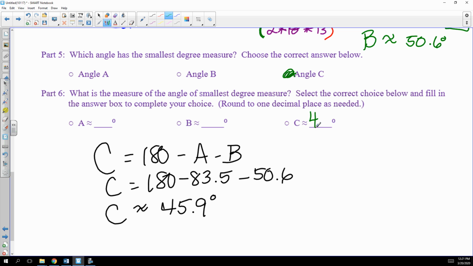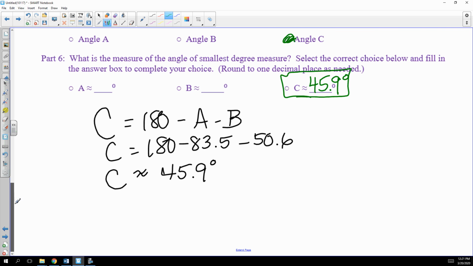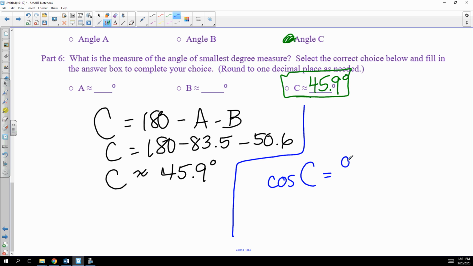Now you can actually confirm it using law of cosines. I have done it using law of cosines for sure. If I set it up as cosine of C, just another way of getting at the same answer, is equal to A squared plus B squared minus C squared all over 2AB.